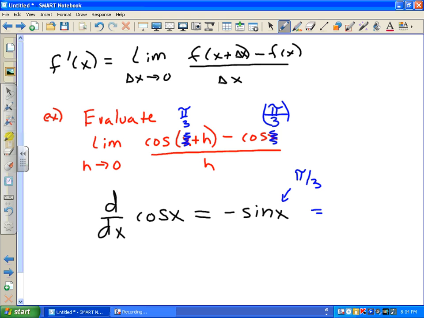The sine of pi over 3 is root 3 over 2. So our answer will be negative root 3 over 2.